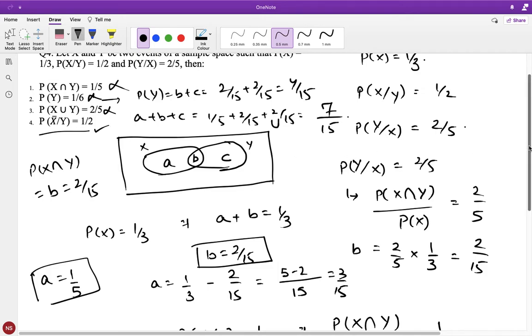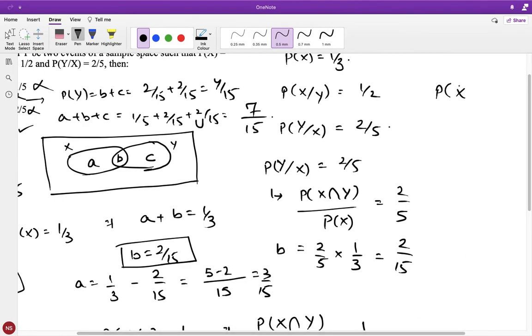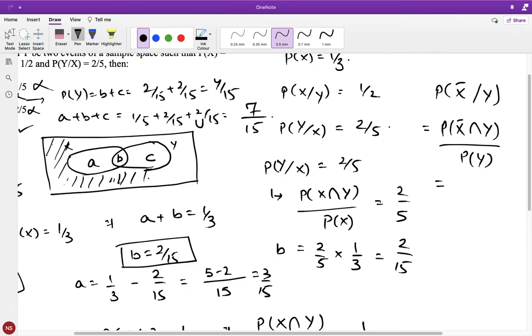But let us try to find out this value anyway. P of X bar given Y should be equal to P of X bar intersection Y by P of Y. What is X bar? All the area outside of A and B, and common with Y will be C. And what is P of Y?